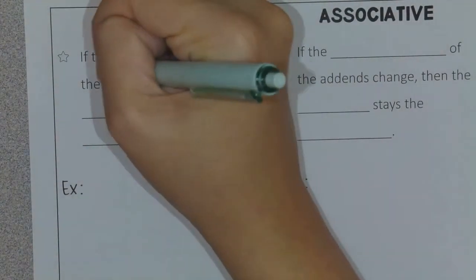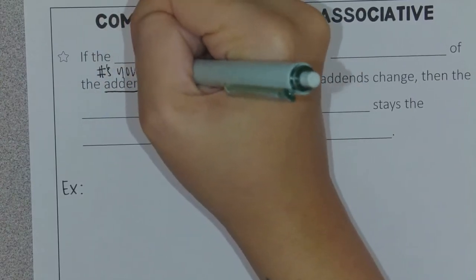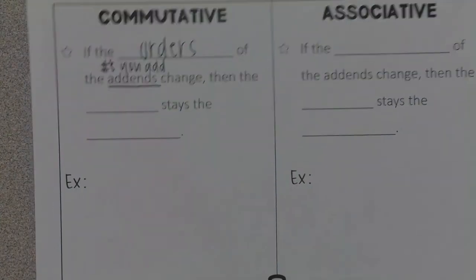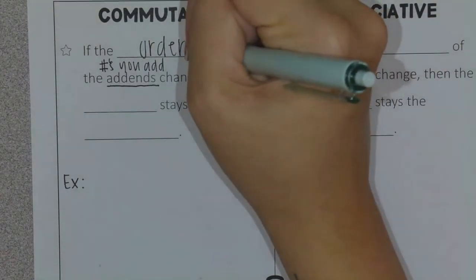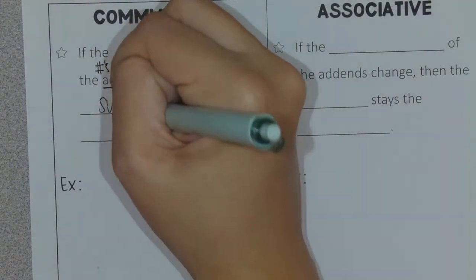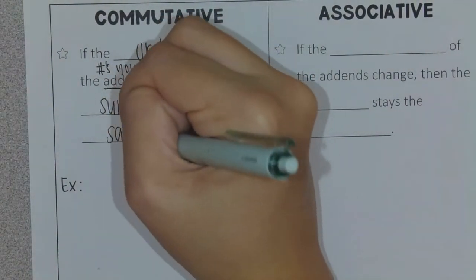Addends are the numbers that you add together. So for example, in the addition problem 2 plus 3, my addends are the numbers 2 and 3. I also just realized I put an S there. Didn't need that. All right, so the commutative property states if the order of the addends change, then the sum, which is the answer of an addition problem, should stay the same.